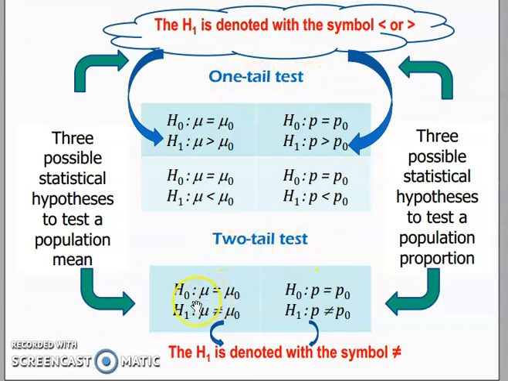For the two-tail test, H null: the population parameter mu equals mu naught, H1: mu not equal to mu naught. For one-tail test, there are two possibilities: mu equals mu naught, mu larger than mu naught, and then mu equals mu naught, mu lesser than mu naught. This also goes for the population proportion. So three possible statistical hypotheses: equals larger, equals lesser, equals and not equal sign.